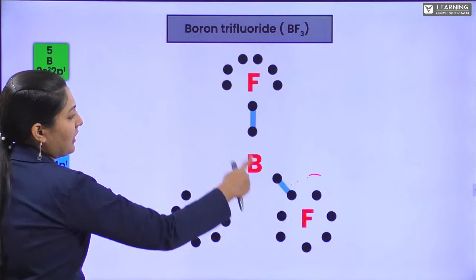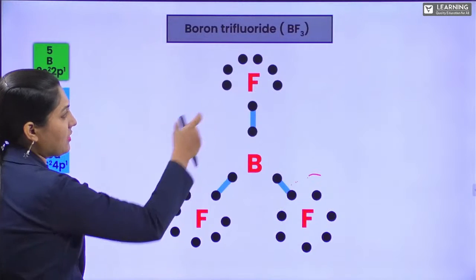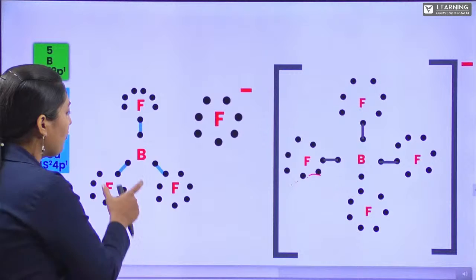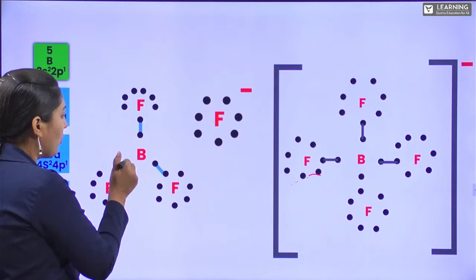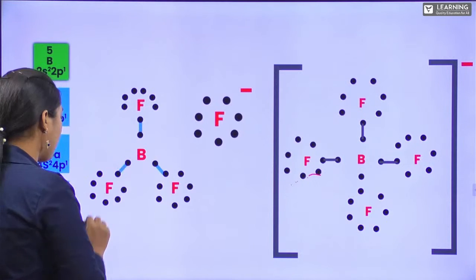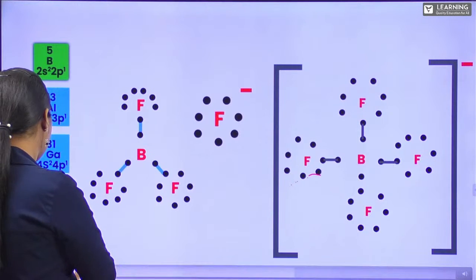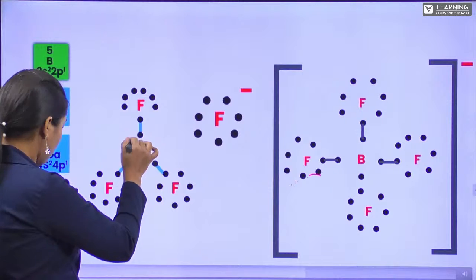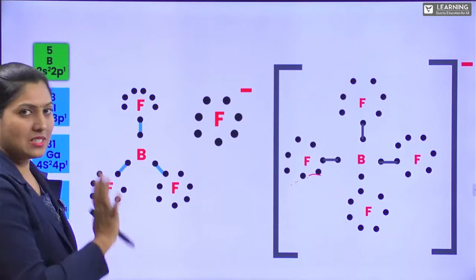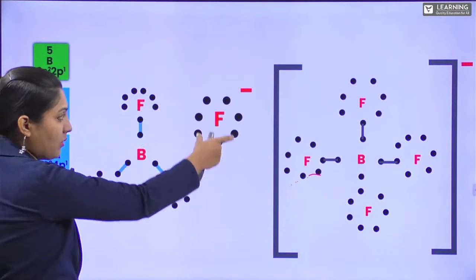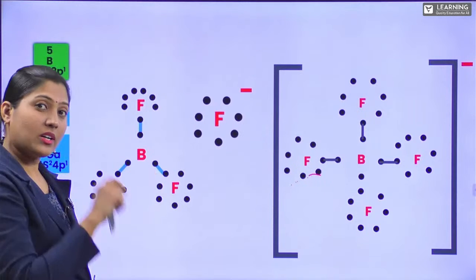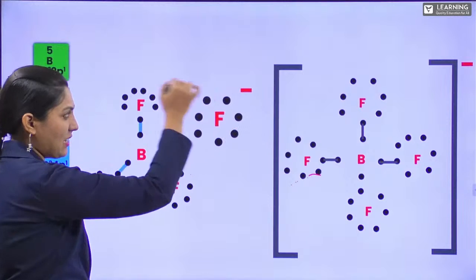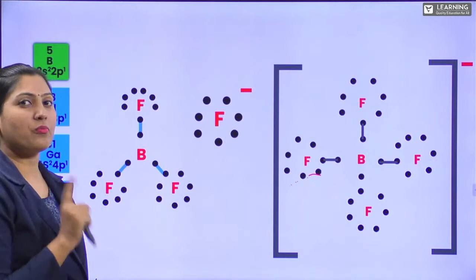Boron will have 3 electrons in the outermost shell, fluorine will have 7, and they form the trifluorides. When they form the trifluoride, you can see over here, there will be only 6 electrons in the outermost shell, 2 plus 2 plus 2. One more fluorine, which already has the octet structure with 8 electrons, has gained 1 electron and become F minus.